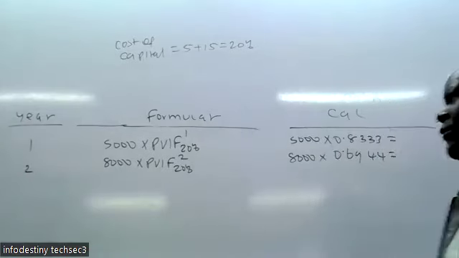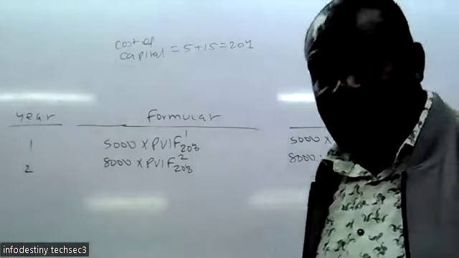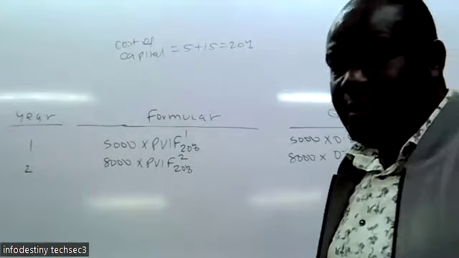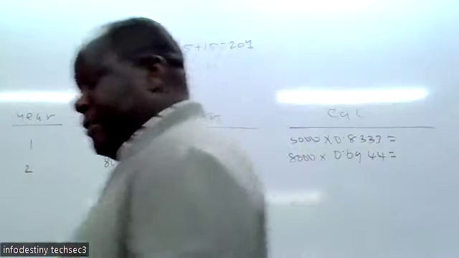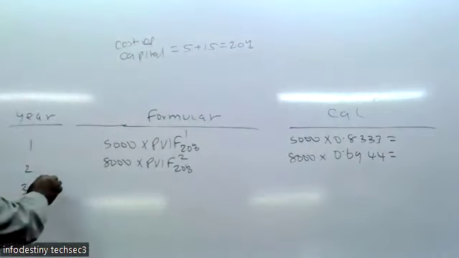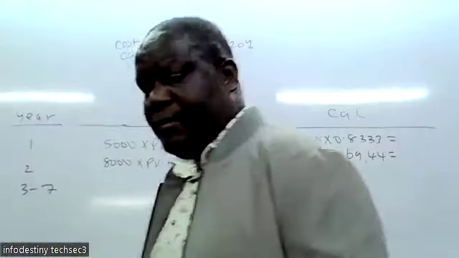0.6944. So year 1 and year 2, those cash flows are not the same. That's why I'm using the first table. But when it comes to year 3 to year 7, cash flows will be the same.